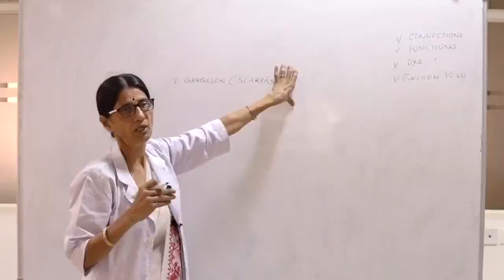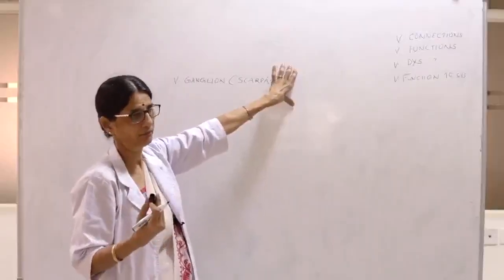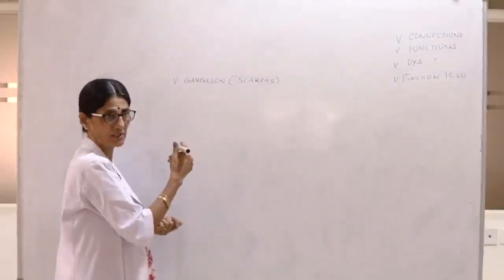So we have the first order neuron, which is the vestibular ganglion formed by the fibers of the vestibular division of the 8th cranial nerve, and this is coming from these receptors.